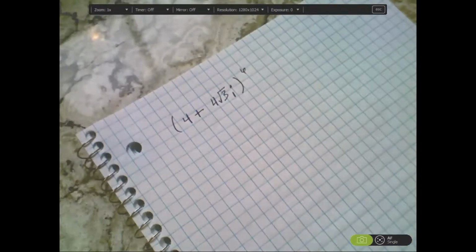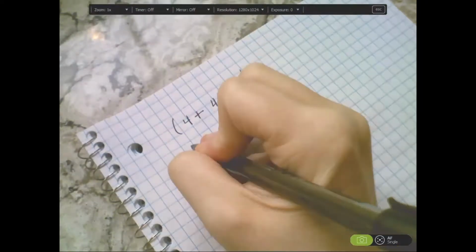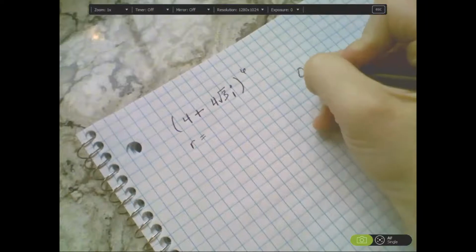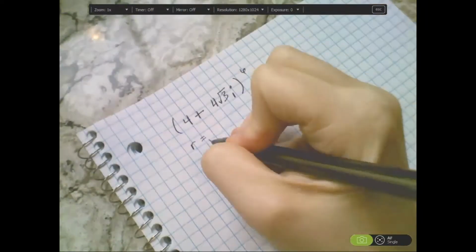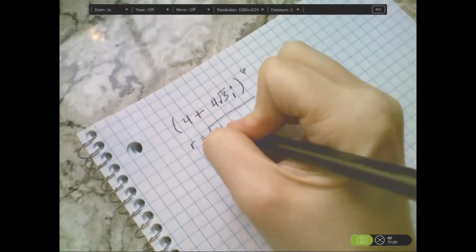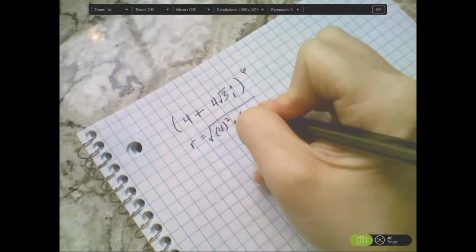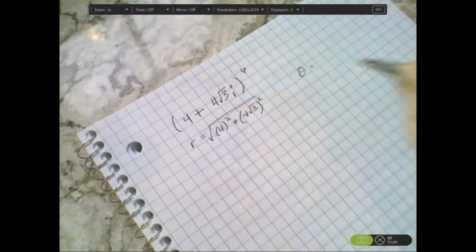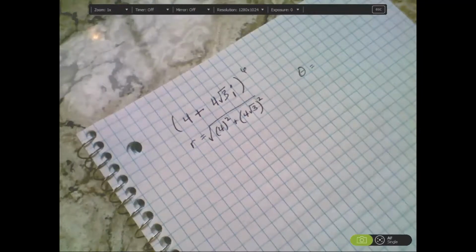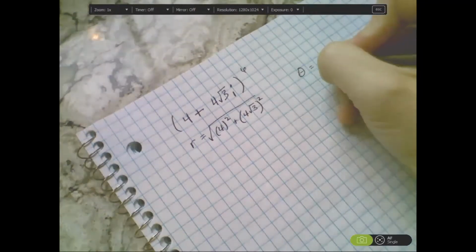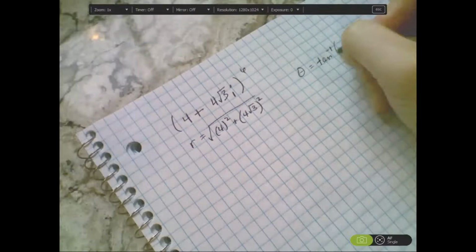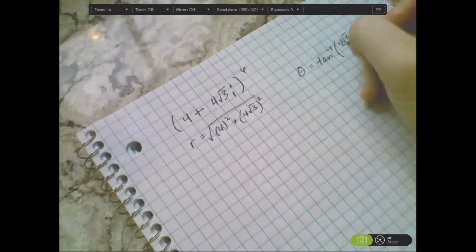But again, this one's not in polar form yet. So that's the first thing that we have to do. We have to get our r and we have to get our theta. So I'm going to have 4 squared, I'm going to have 4 root 3 squared. And then over here, I'm going to have inverse tangent of 4 root 3 over 4.